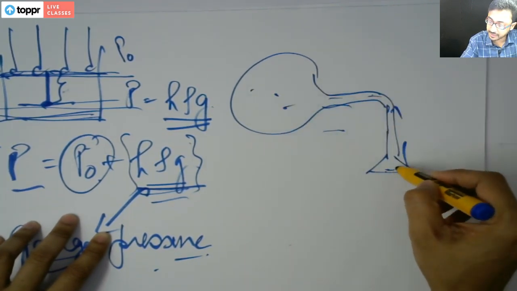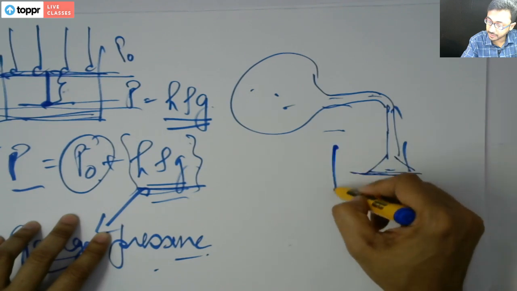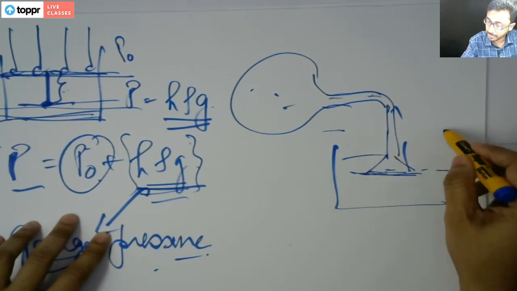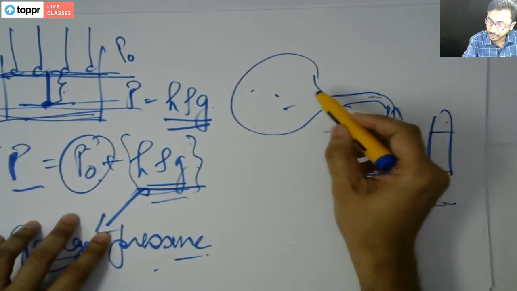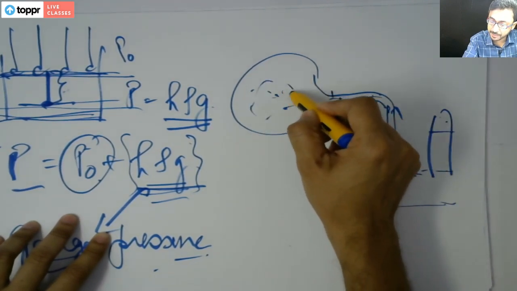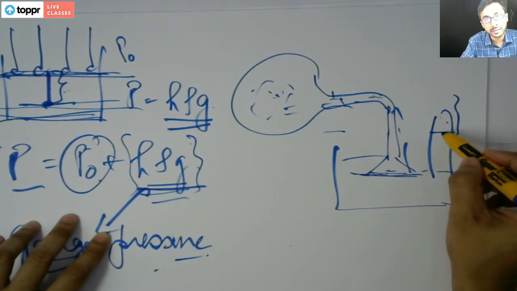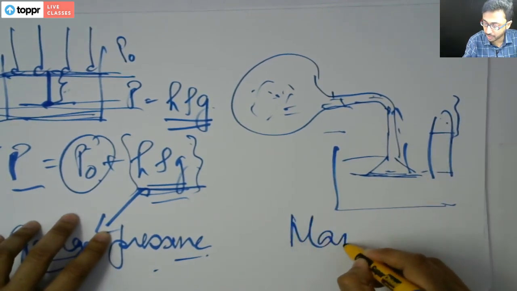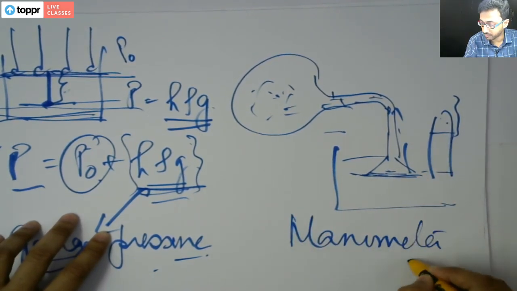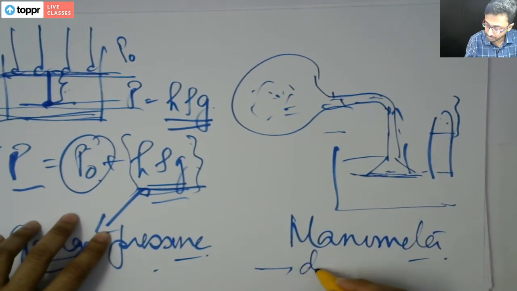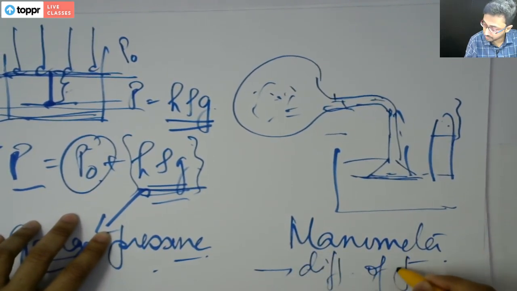This gas pressure and the atmospheric pressure, that difference can be measured, which is called the manometer. It measures difference of pressure.